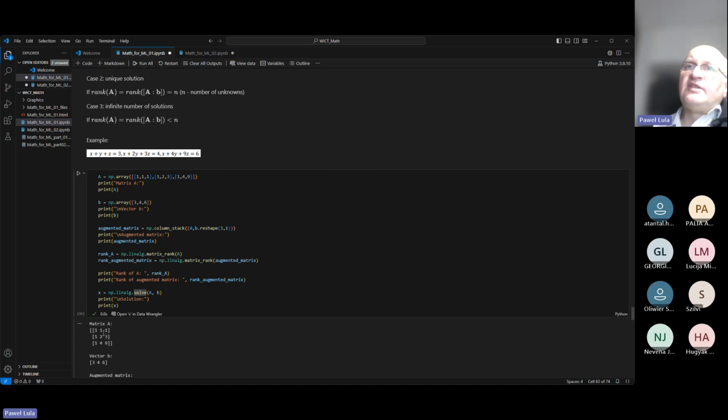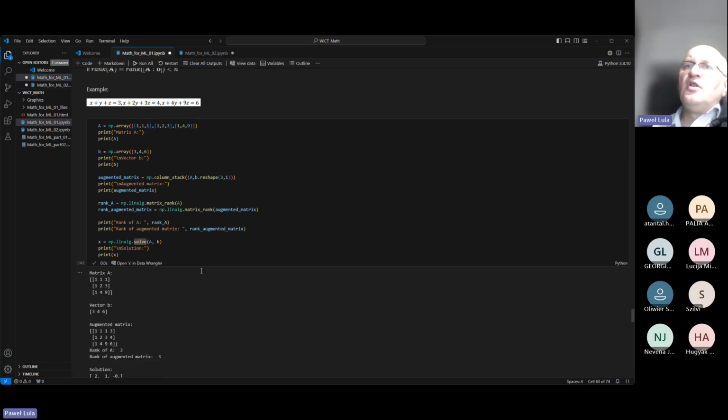So we see matrix A here, vector B here. The augmented matrix, this extended matrix, we can say, is matrix A to which we added one column, and the values in this last column, the fourth column, are equal to vector B: 3, 4, 6.